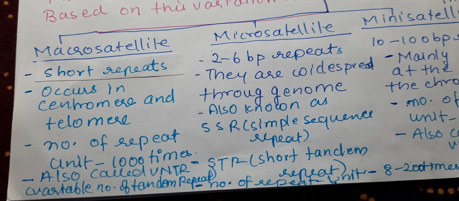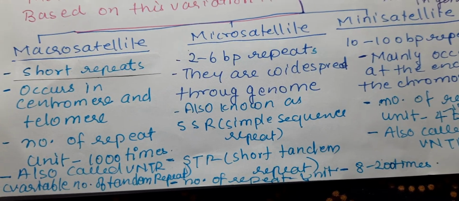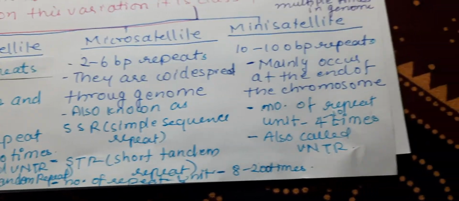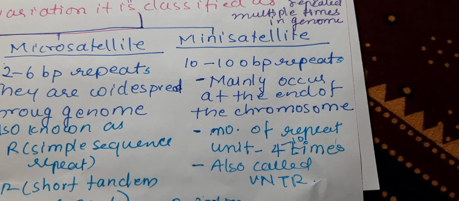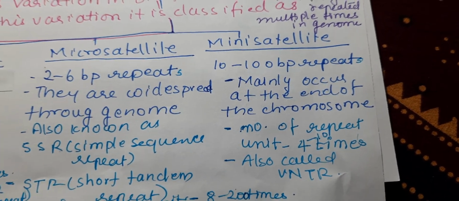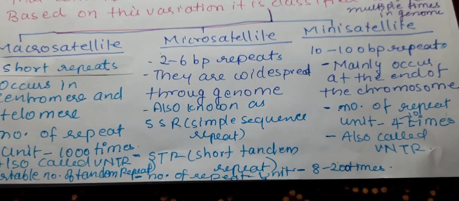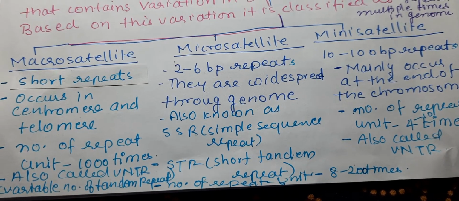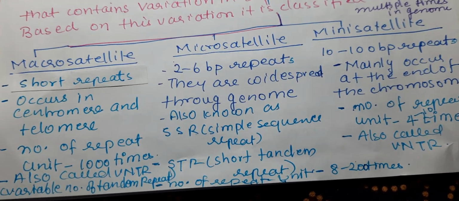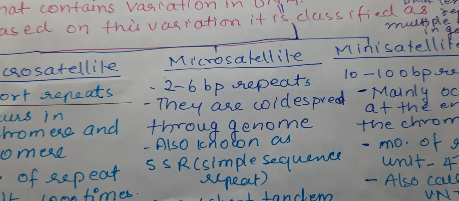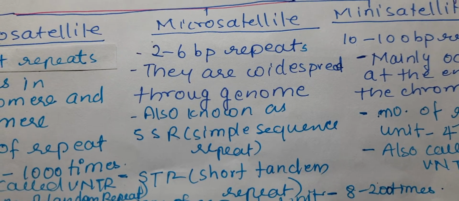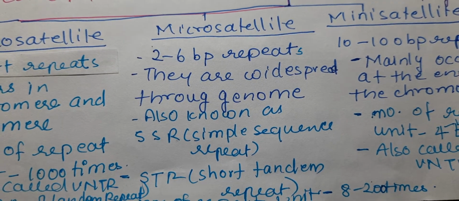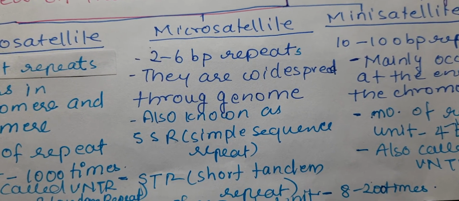Now the macrosatellite repeats 1000 times, whereas the minisatellite repeats 4 to 10 times, and they mainly occur in the centromere and telomere region, whereas microsatellites are distributed throughout the genome and consist of two to six base pair repeats.